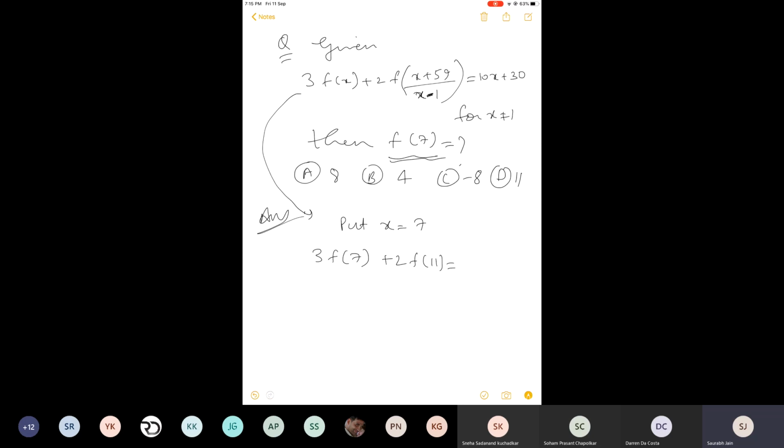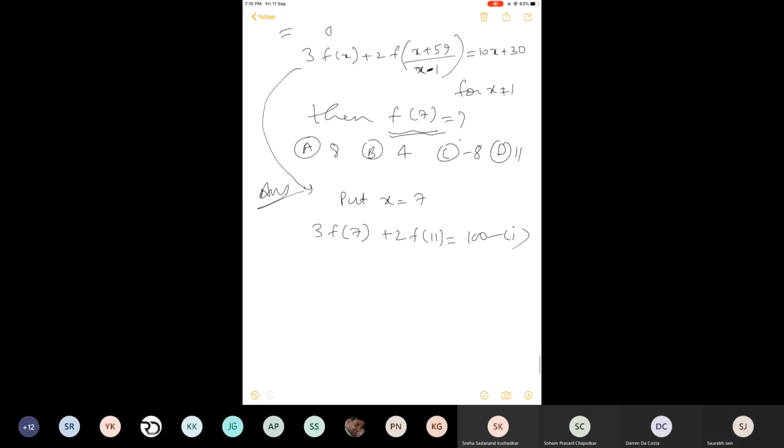In the right hand side, it will be 10 into 7, 70 plus 30, 100 is the value. Now what do you observe? That you have to find f(7), but in the process of finding f(7), you are getting another unknown term, which is f(11). However, if we can find f(11) somehow and put its value here, I can get f(7).